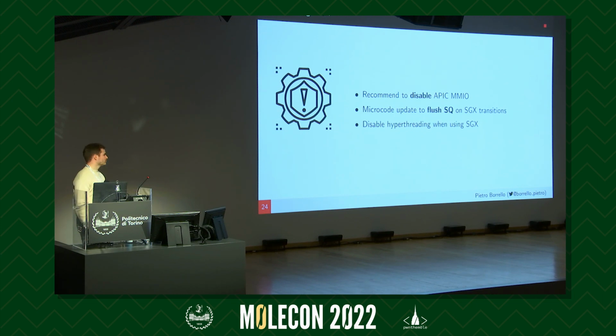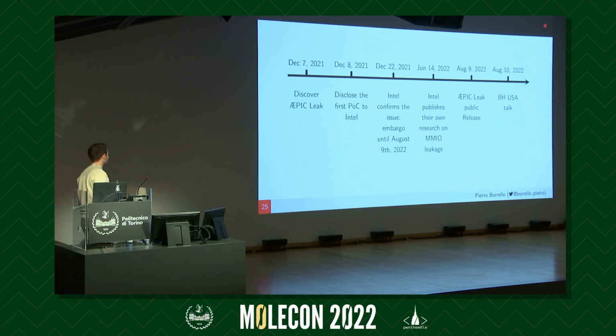And obviously, again, Intel recommends to disable hyperthreading, since if you leak in parallel, the mitigation will not be fast enough to flush the superqueue before the other hyperthread leaks the data. So that's the recommended mitigation. For whoever is interested, this is the timeline.